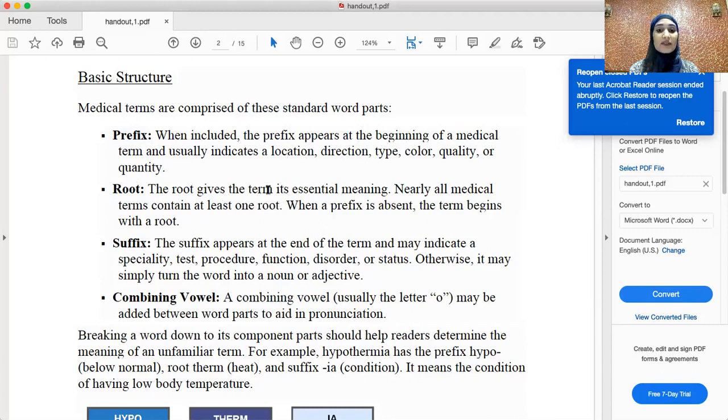The root gives the term its essential meaning, like, for example, cardio in cardiology, bio in biology. These are the roots of the word. Nearly all medical terms contain at least one root. When there is no prefix, the term begins with a root.